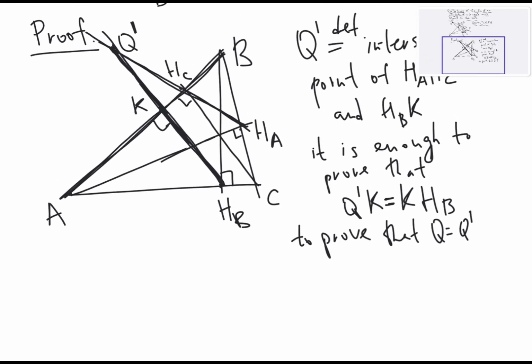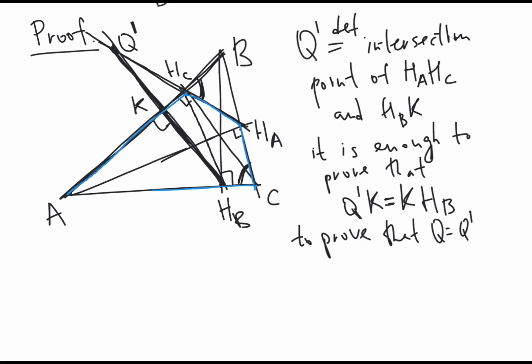So now we connect like this, and we notice that this angle is equal to this angle. This is because the quadrilateral that I highlight in blue is inscribed, or cyclic.